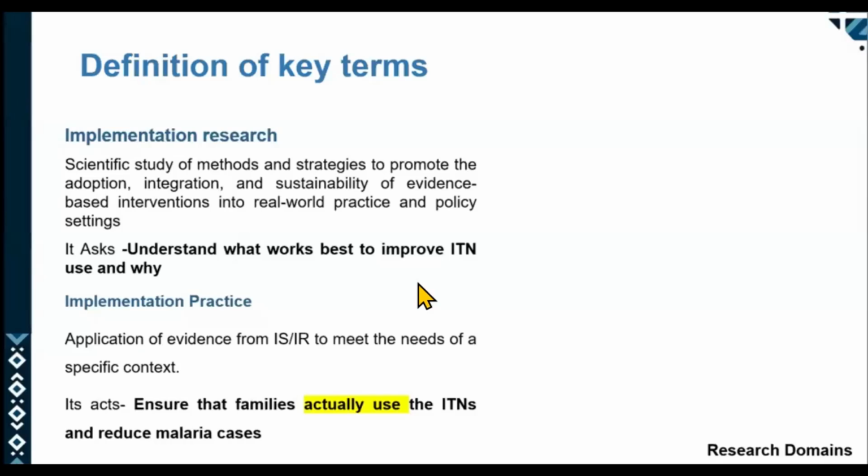And in addition to implementation research, we have implementation practice. It is the application of evidence from implementation science to be able to meet the needs of a specific context. So we know that these people don't use mosquito nets. We have understood why they don't use mosquito nets, and now we want to ensure that they actually use the mosquito nets.